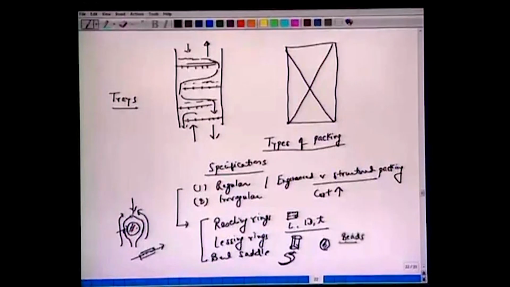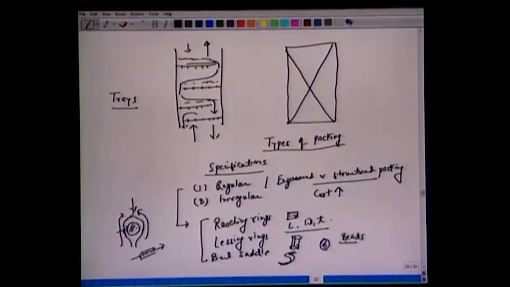Okay, and structured packings or engineered packings, they are also very specific, but they are very cost effective. The idea here is that all of these packings have certain meter square per cubic meter, so specific surface area, and that's the parameter which plays a major role in mass transfer.